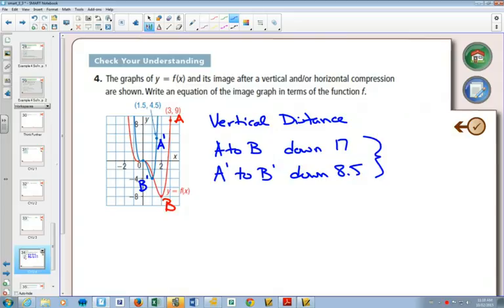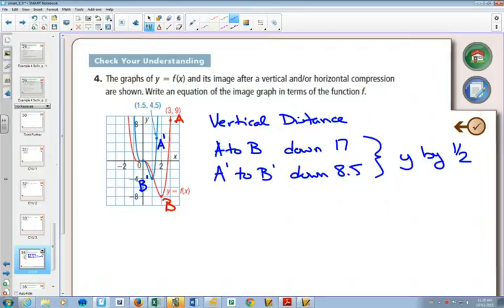But because they've labeled this blue point A prime at 1.5, 4.5, it's 8.5. And the reason it's perfectly 8.5, because what's the relationship between 17 and 8.5? It's cut right in half. So what has happened to our y values? Our y values are getting multiplied by a half. That's the transformation that takes place with the y values.